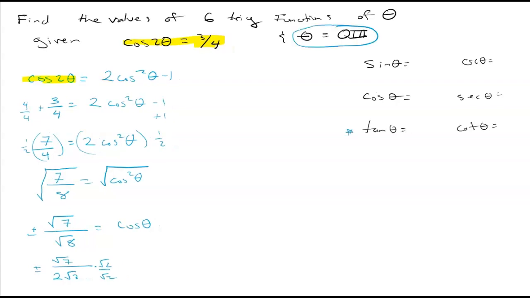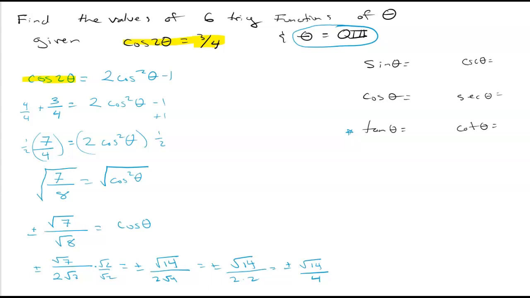So this is going to give me plus or minus root 14 all over 2 root 4, which is again plus or minus root 14 all over 2 times 2. And again, I'm showing all of the little itty bitty steps. So we are going to get plus or minus root 14 all over 4.